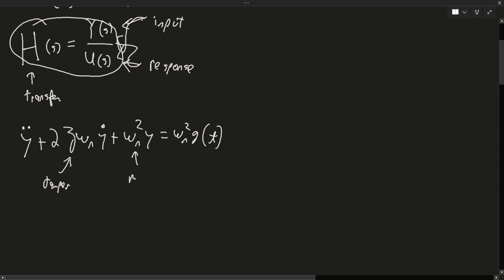Omega n is your natural frequency. And g(t) is your input. y(t) is your system's response, okay? So in your exam or in your exercises, as soon as the question is asking, what's the natural frequency? This equation is the first thing you should be thinking of, okay? This should be in your formula sheet, but if it's not, you should know this by heart. But chances are it's going to be in your formula sheet, okay?